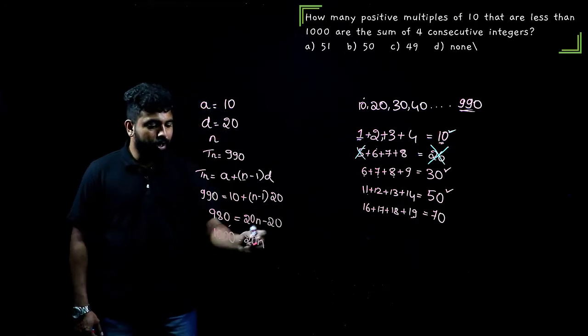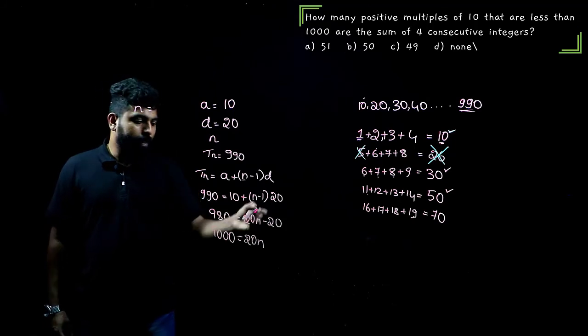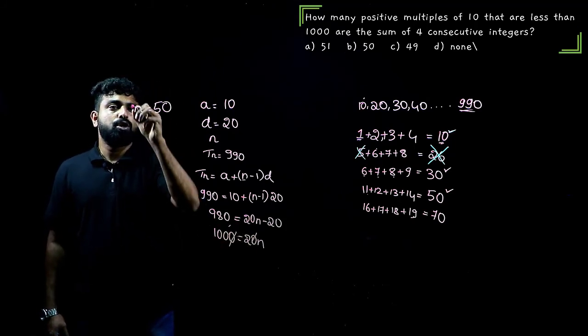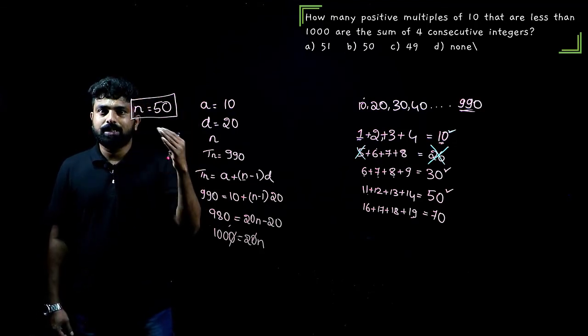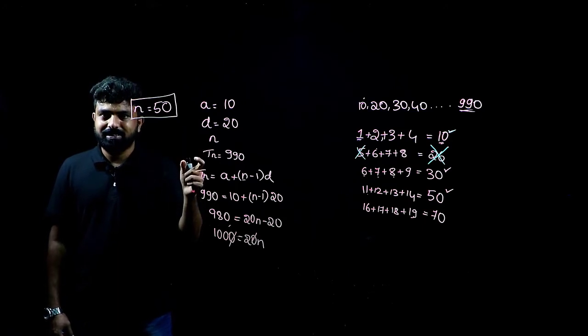So what will be the value of n? The value of n will be 1000 divided by 20, which is nothing but 50. So there are 50 terms which are multiples of 10 and are resultants of sum of 4 consecutive integers.